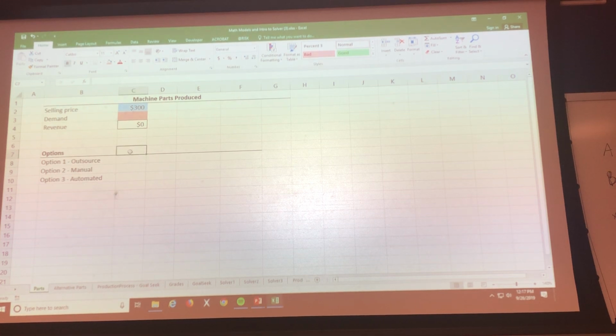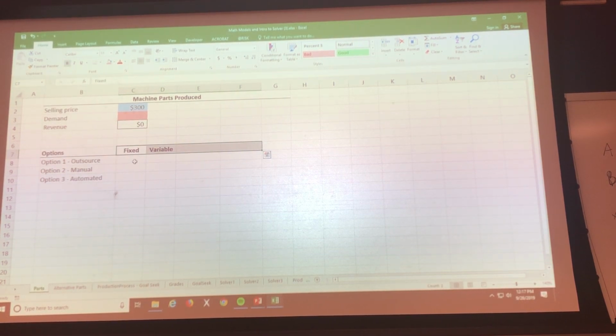Okay. And we have some information about those 3 options. We have their fixed and their variable costs. That's what we need.